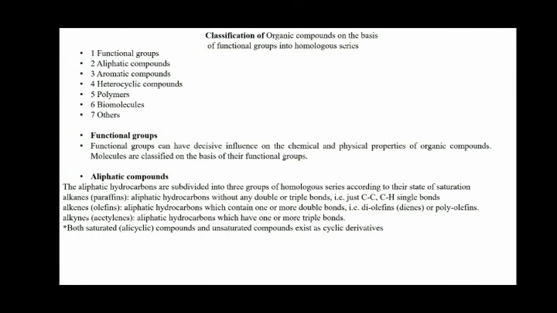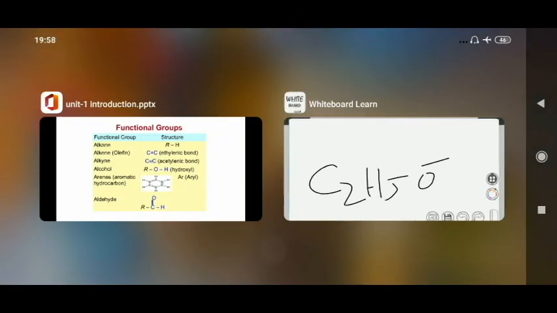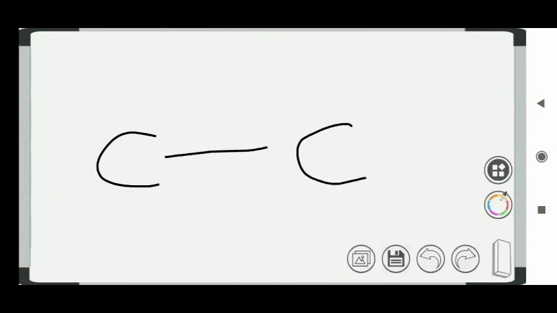Note here that both saturated alicyclic compounds and unsaturated compounds exist as cyclic derivatives. So if the carbon is made up of a single bond, we can say it is an alkane.